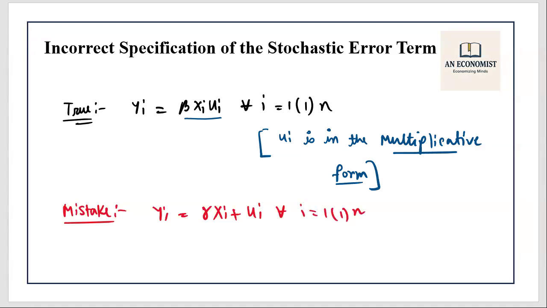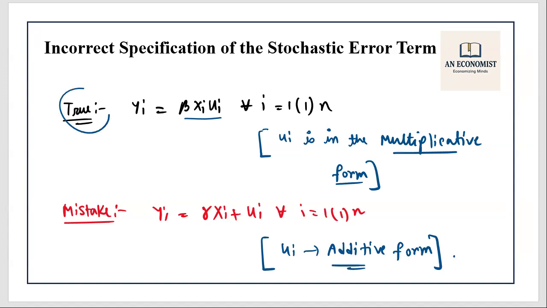Now, if you take this kind of model, what is the form of the stochastic error term? ui becomes additive. ui comes into the picture in the additive form, which is not the true form of the model, right? We are completely deviating. We are changing the specification of the stochastic error term.